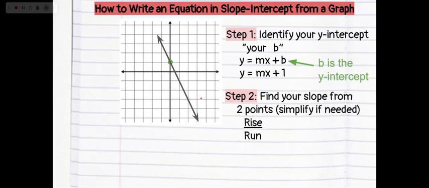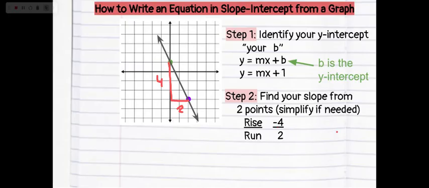So I'm just going to pick 2 points, and then I'm going to apply rise over run to it. How do I get from one point to the other? My rise is my up and down, so you can draw yourself a little imaginary right triangle. My rise is 1, 2, 3, 4, and my run is 2. So that's 4 over 2. Some of y'all probably caught that I went down, so you can definitely put the negative there.